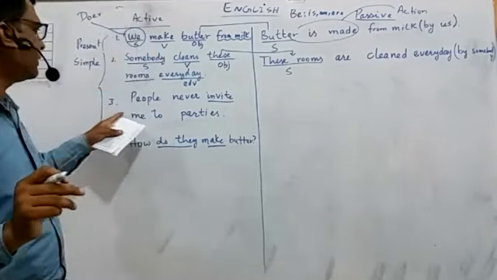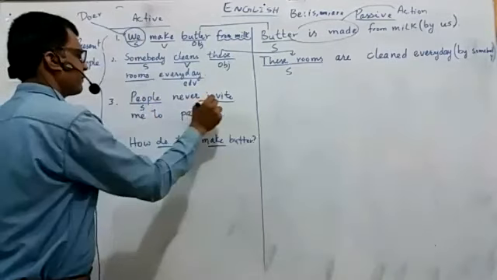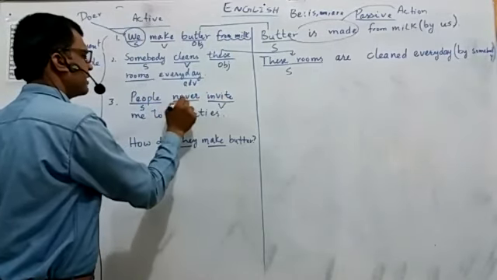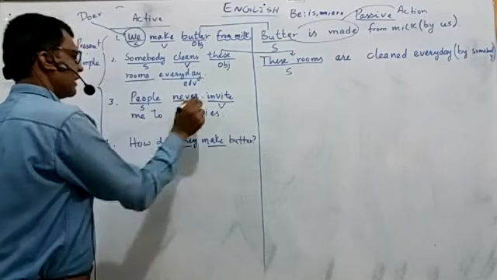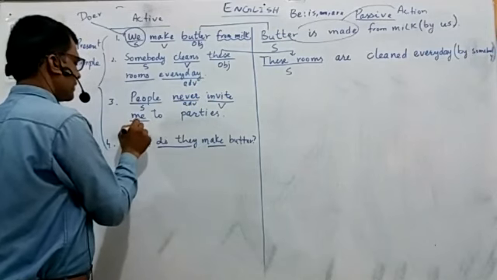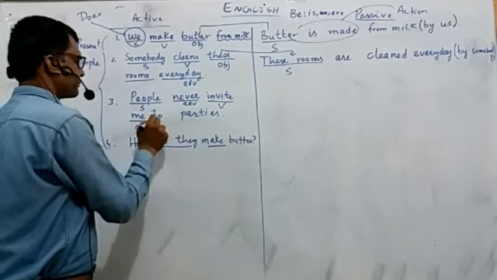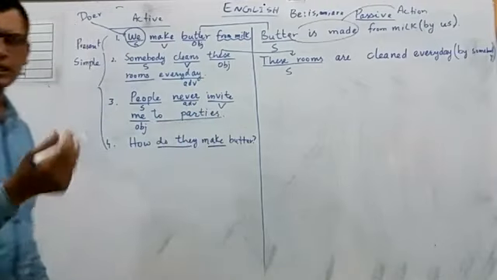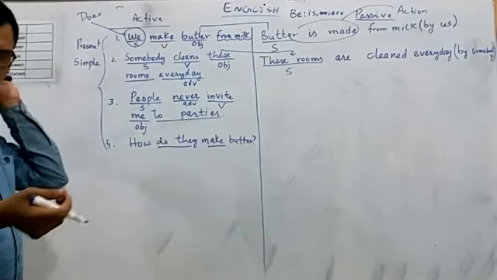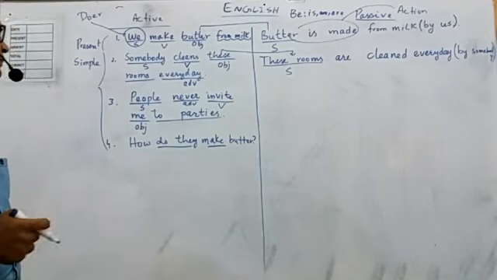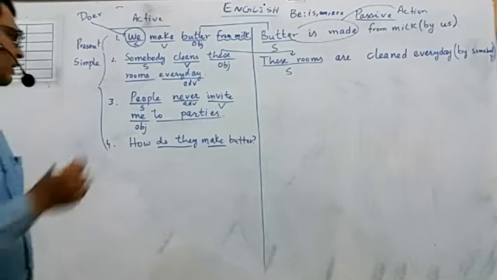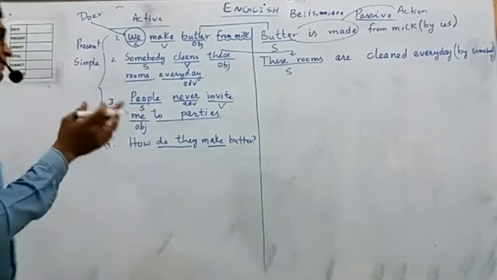Now, people never invite me to parties. Again, "people" is the subject, the verb is "invite," and "never" is an adverb. "Me" is the object, and "to parties" is a phrase. Now what we will do is change the object into the subject.